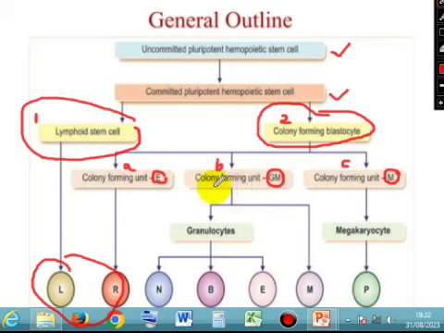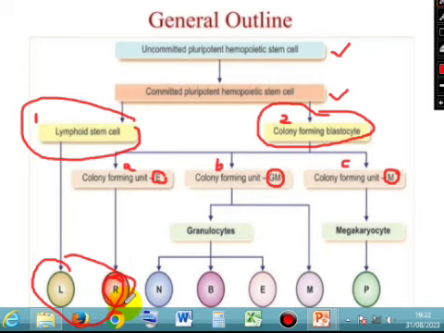I take it again. The committed or active pluripotent stem cell differentiates into two types. Number one is a lymphoid stem cell, and number two is colony forming blastocyte. This lymphoid stem cell will differentiate to form lymphocytes, while the colony forming blastocyte differentiates into three kinds of cell.